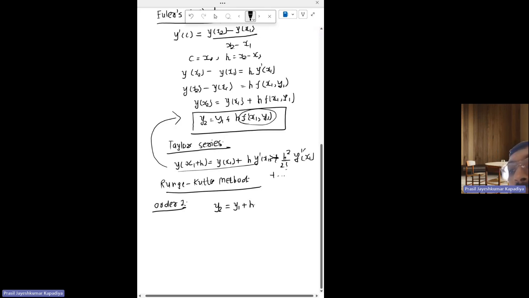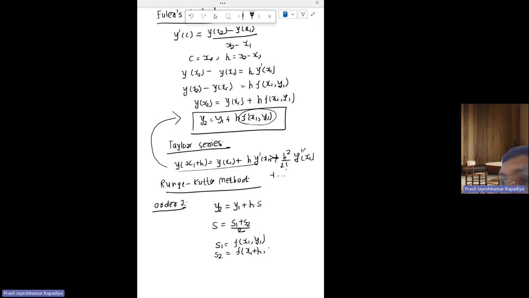Here we don't write f, we write s, and we define s as s1 plus s2 by 2, where s1 is my function at x1 comma y1, and s2 is my function at x1 plus h and y1 plus s1 into h.